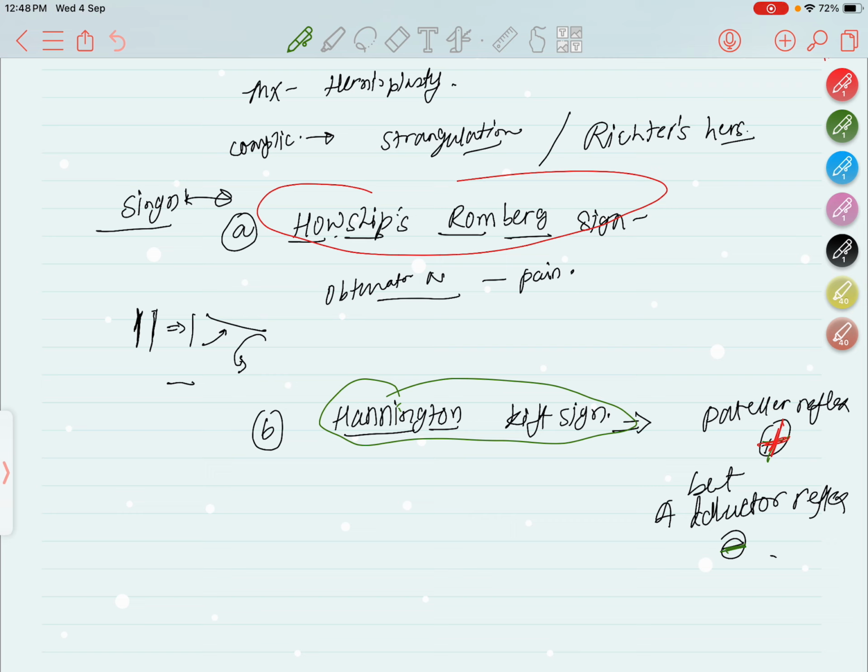This activates the muscles of quadriceps femoris and causes extension of the leg. This was the patellar reflex, and now the adductor reflex.